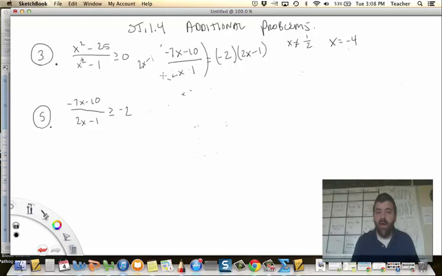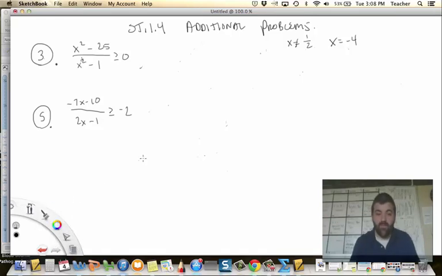Alright, so now we have our boundary lines, and now I'm going to test a couple different points here. Like I said, on the calculator I showed you a quick way of doing this so you don't make any mistakes, and really the only mistake you can make is if you type it incorrectly.